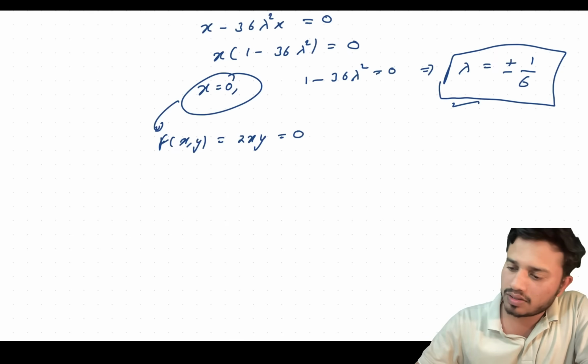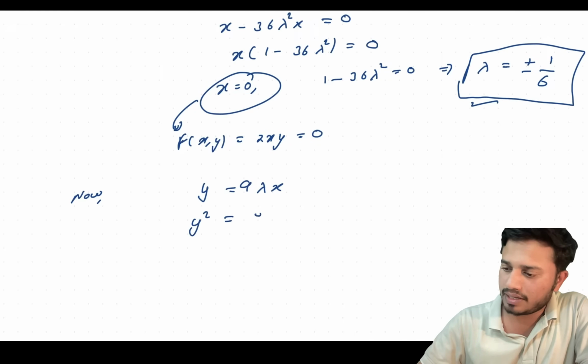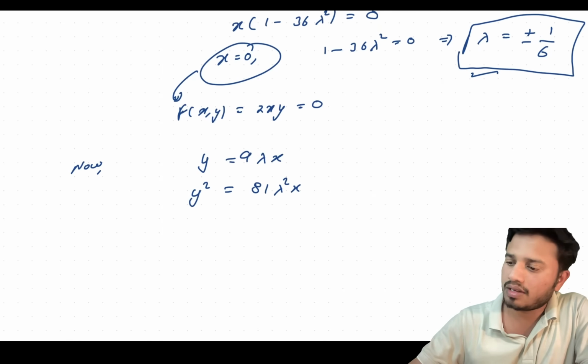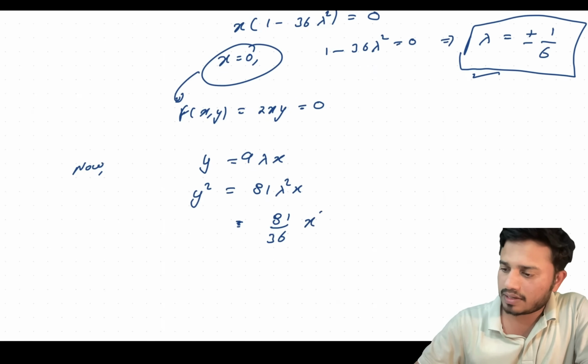So now finally we have y equals 9 lambda x. That implies that y square will be 81 lambda square x square.